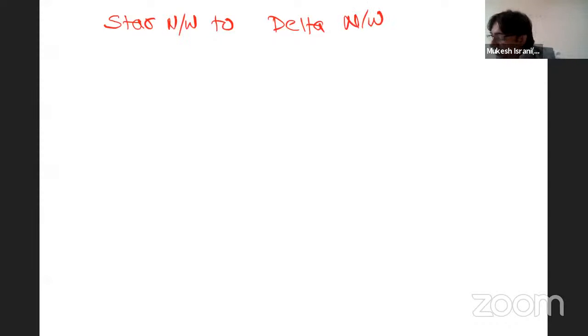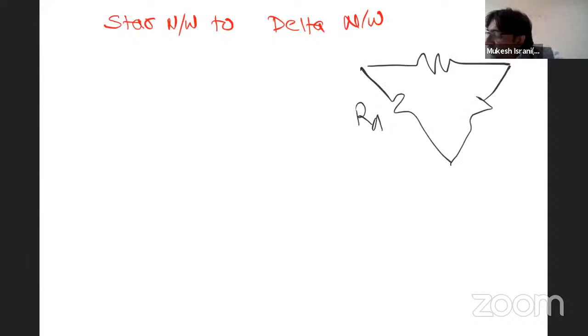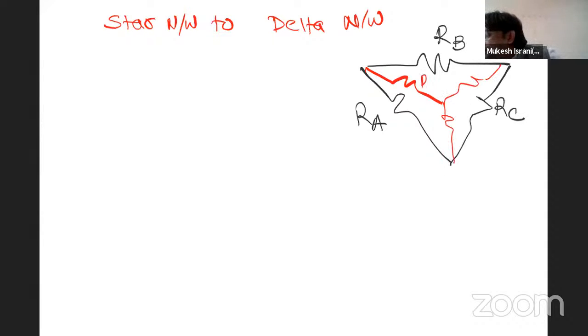So now I need to convert a star network to a delta. Again, I'll draw the diagram. This is my delta network, and this is my star. I've kept the naming the same.